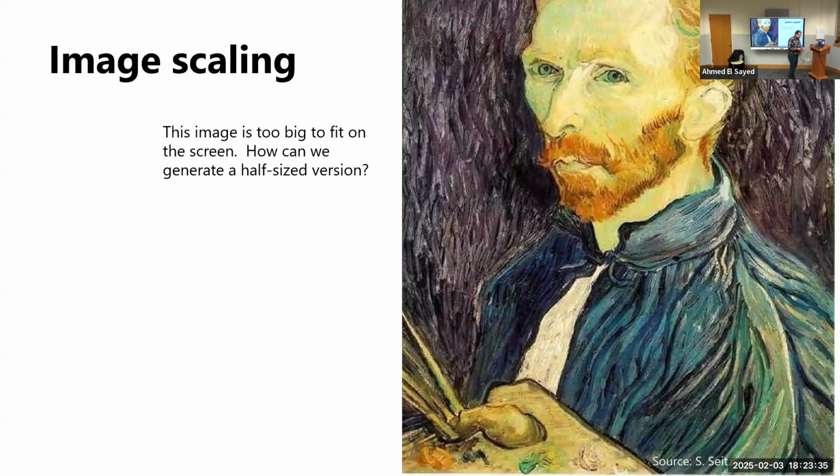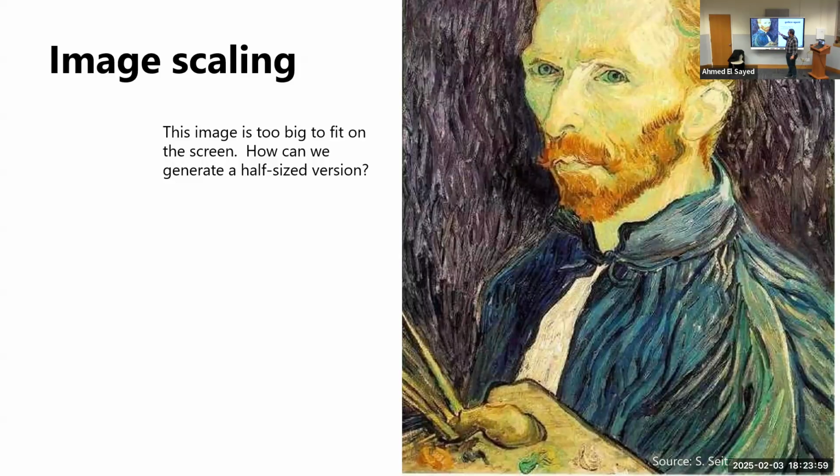Now, assume that I'm giving you an image, and I ask you to give me a smaller version of this image. What exactly will you do? Remove some pixels. Okay.